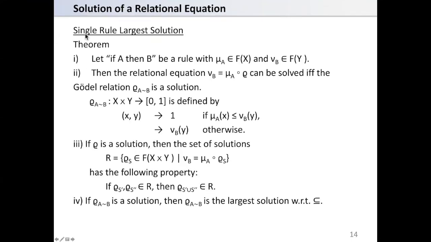Assume that we have a single rule and we are trying to find the largest solution. The following theorem is about this. Let if A then B be a rule with membership function mu A defining a fuzzy set on X and the membership function nu B defining a fuzzy set on Y. Then the relational equation nu B equal to mu A composition rho can be solved if and only if the Gödel relation rho A Gödel B is a solution.